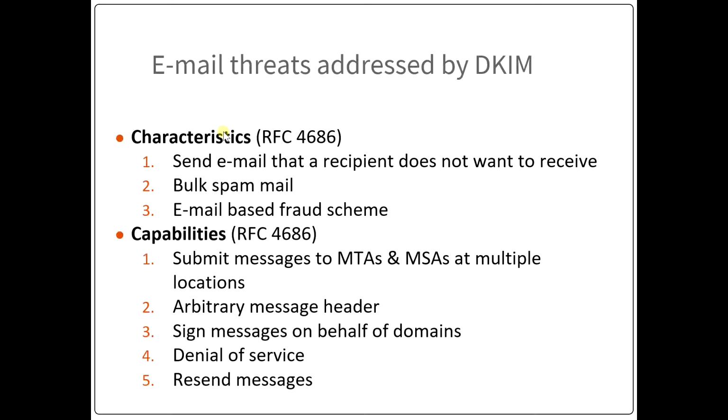The third one is the most sophisticated and financially motivated senders of messages, who stand to receive substantial financial benefit, such as from an email based fraud scheme. These attackers can be expected to employ all of the above, that is, either send an email to one who does not want to receive it or send bulk spam mail.